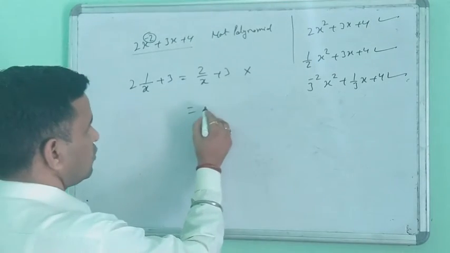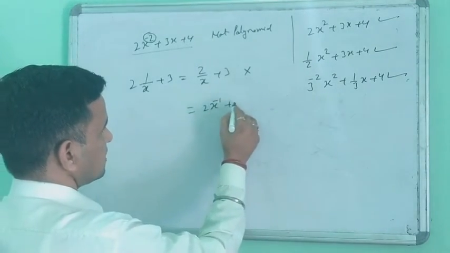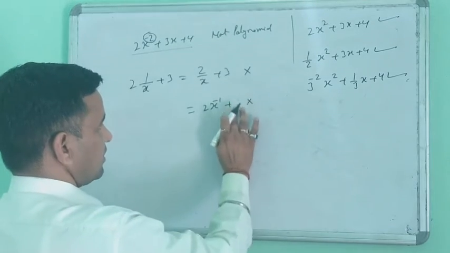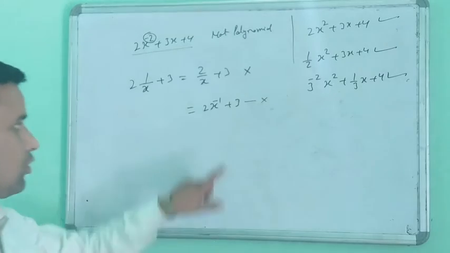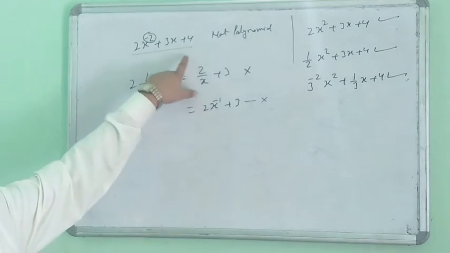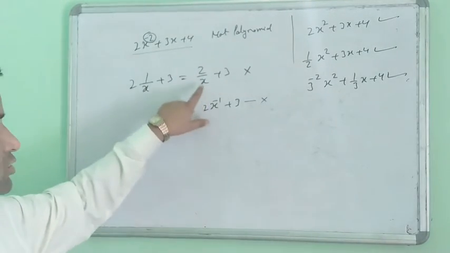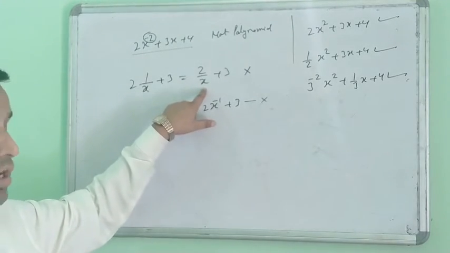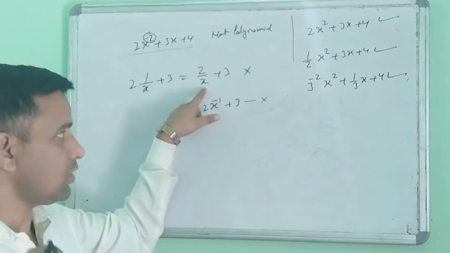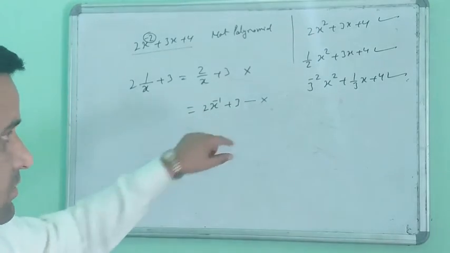Why? Because suppose you write the exponent minus plus 3, this is not polynomial form. This is also not polynomial form. This is not polynomial. Why? Because a variable comes in the denominator. This rule applies only to variables, not any other constant numbers.